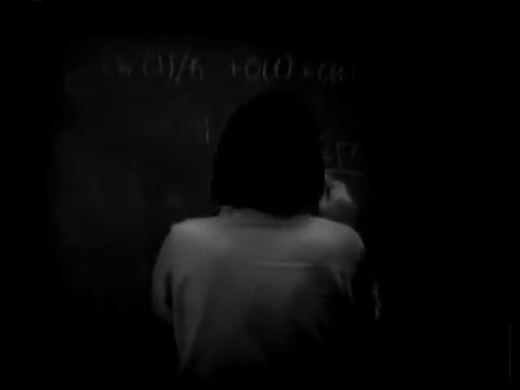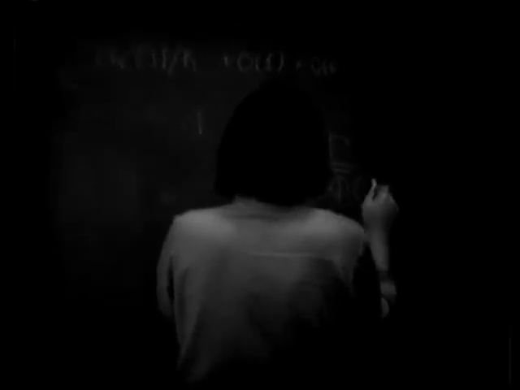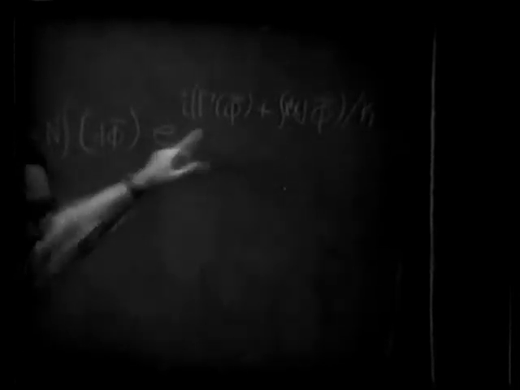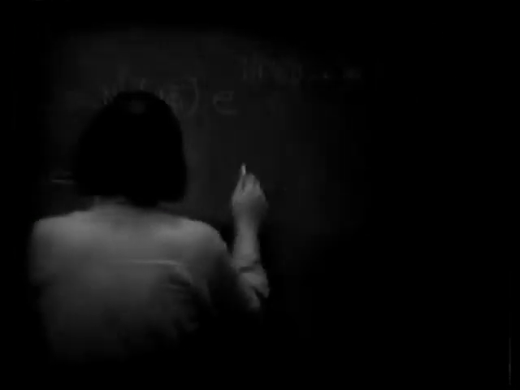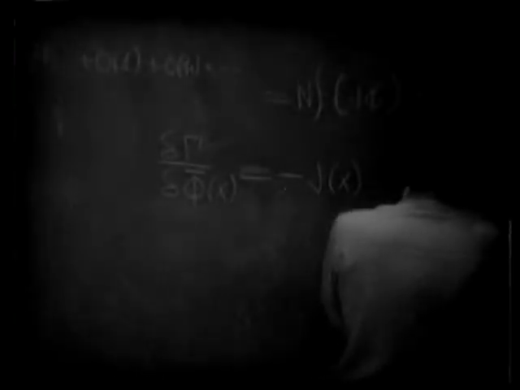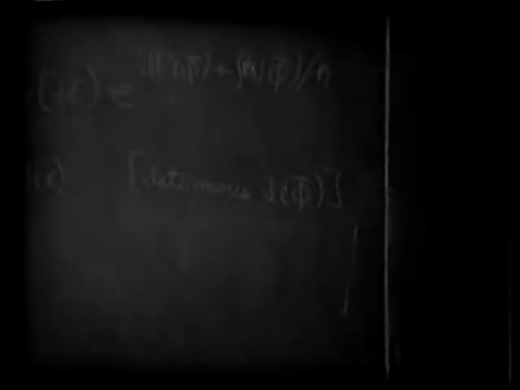Therefore, to evaluate this integral, we first solve the equation d gamma d phi bar of x equals minus, I'll put it over on the other side, j of x. That is the variational derivative with respect to phi bar of x. It's supposed to be 0. This determines j as a function of phi bar, a non-local function typically.